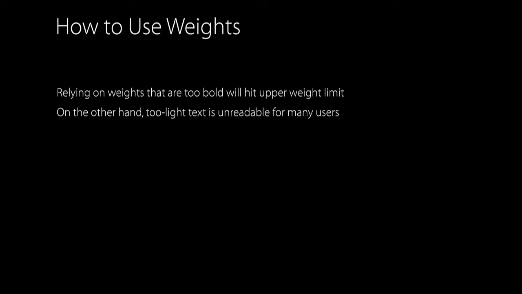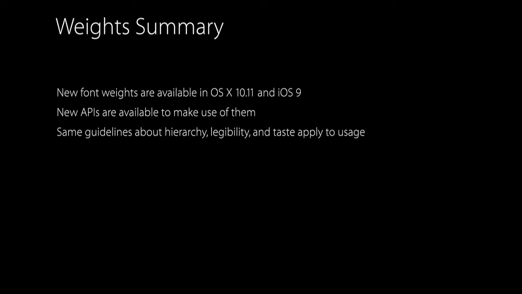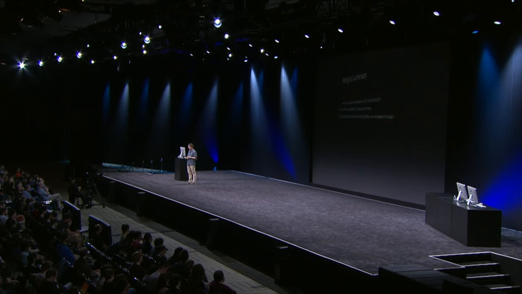So there is no hard and fast rule about how to use weight, but these rough guidelines can give you some ideas. These are the weights of the San Francisco font family. There are new ones available to you in APIs that go along with them. The same guidelines about legibility, hierarchy, and the elusive quality of taste apply to their usage.